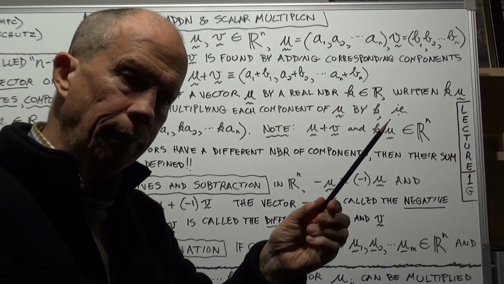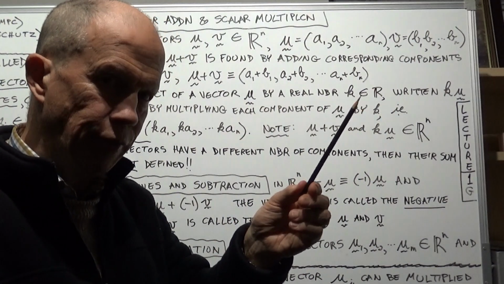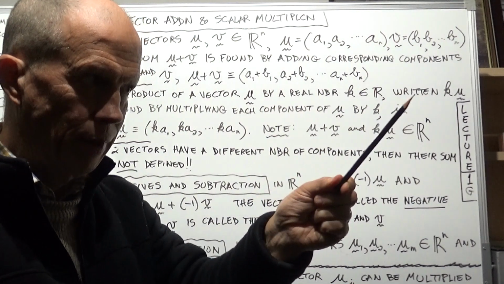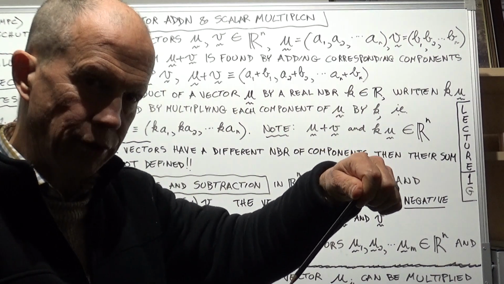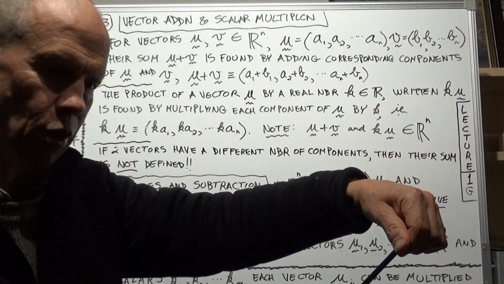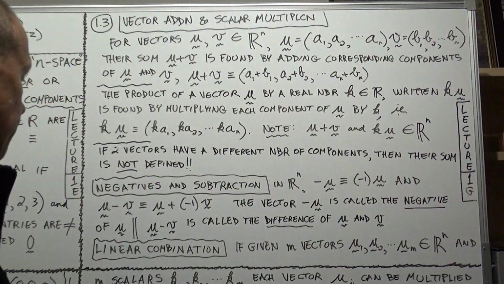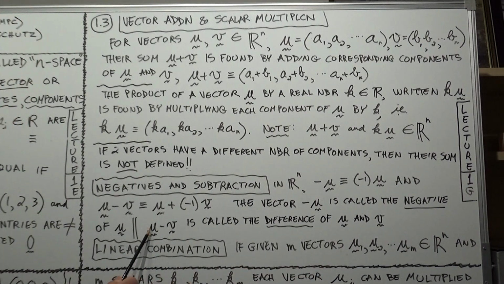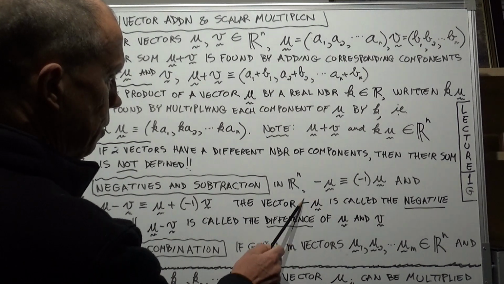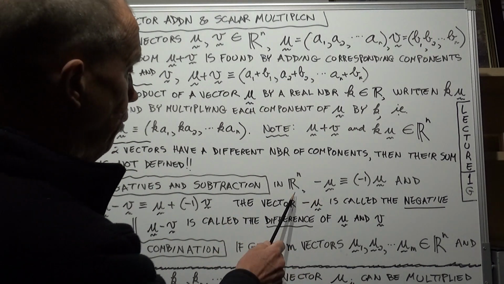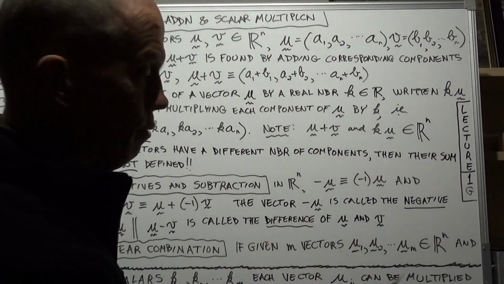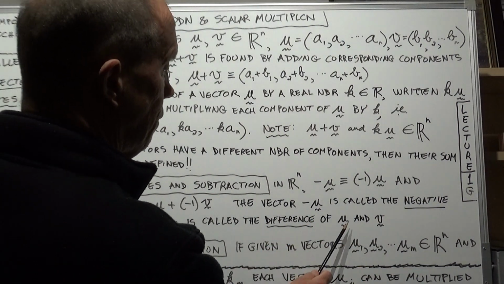So if that's, say, velocity v that way, then minus v would be along the same straight line, but oppositely directed. This minus u is called the negative of vector u, and u minus v is called the difference between these two vectors.